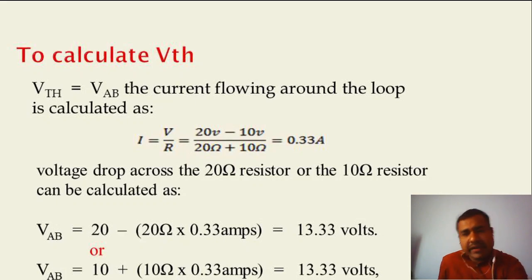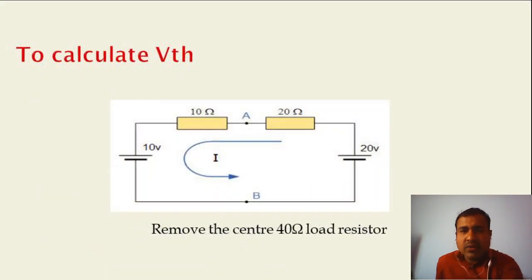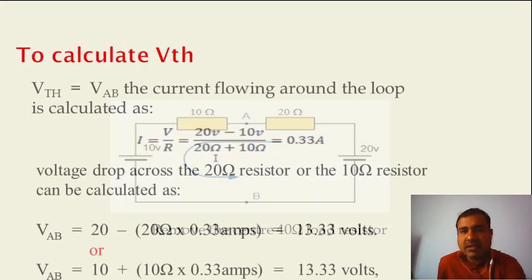Or you can calculate the other way also. If I consider the 10 volt source, here the current is flowing in the opposite direction to the direction in which we are moving, so again this can be treated as a positive voltage, since current moves from positive potential to negative potential, so this voltage drop will be positive towards point A. So plus 10 volts plus this voltage drop gives the voltage VAB.